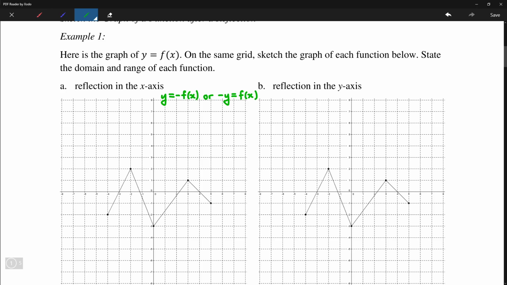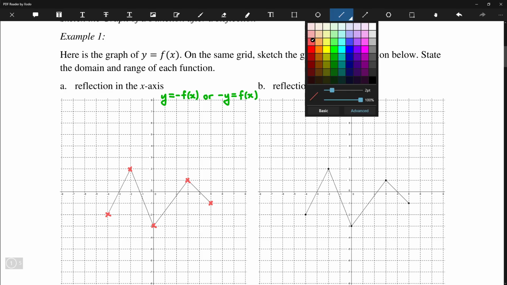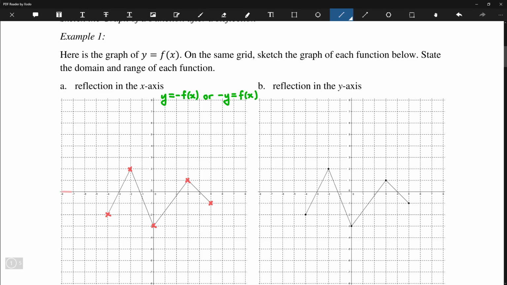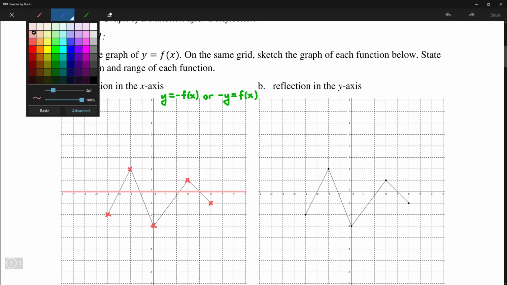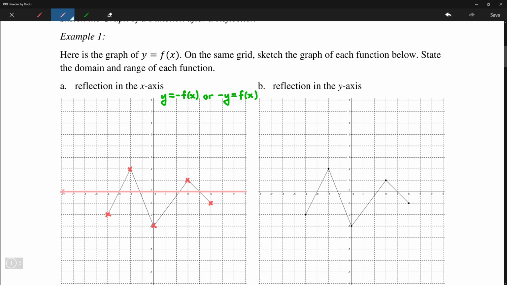Okay, so the original graph has these 5 key points. And of course, we have here the x-axis. I'm going to draw that in, using a different color here. Okay, so this is the x-axis.